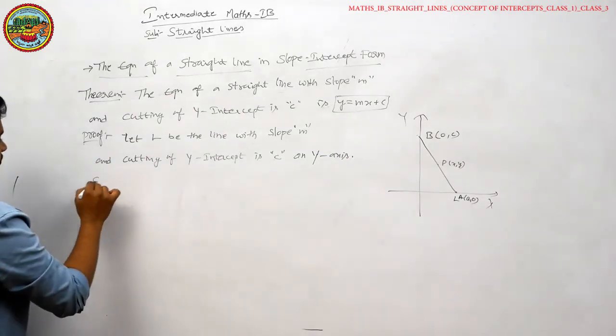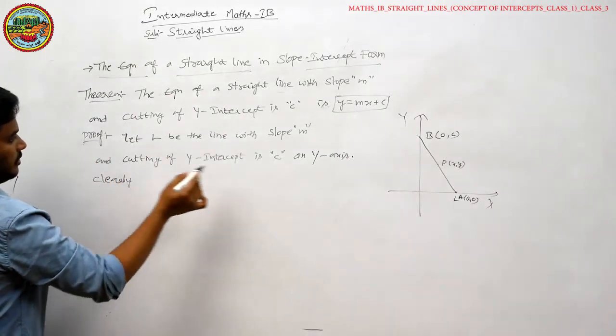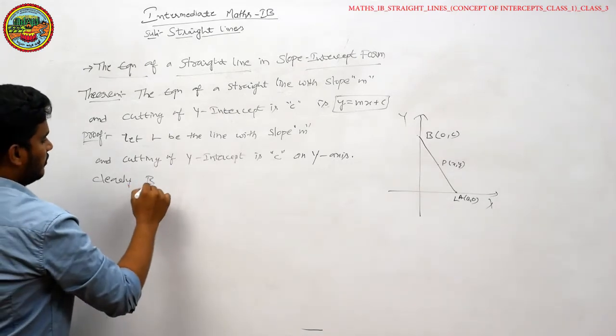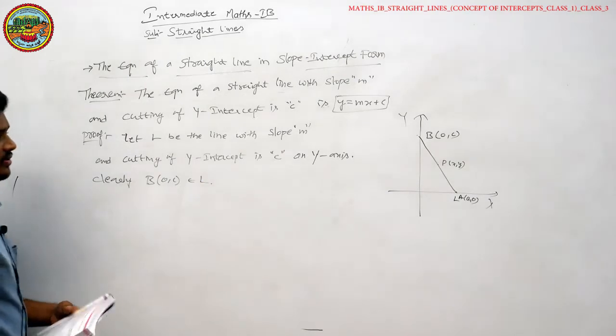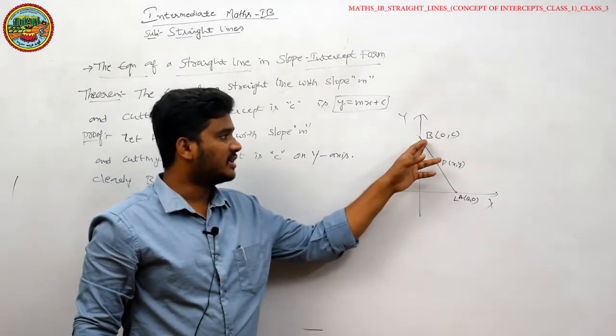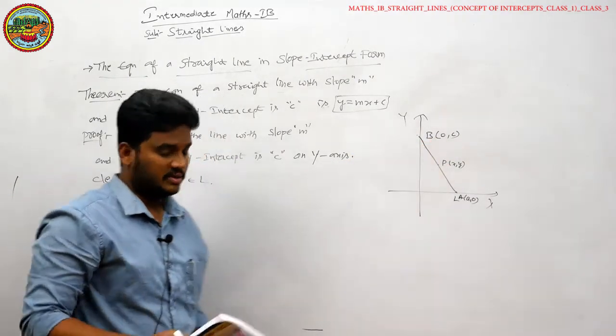So clearly, from that diagram, we have point B, 0 comma c, belongs to the line L, which intersects the y-axis at B, 0 comma c.